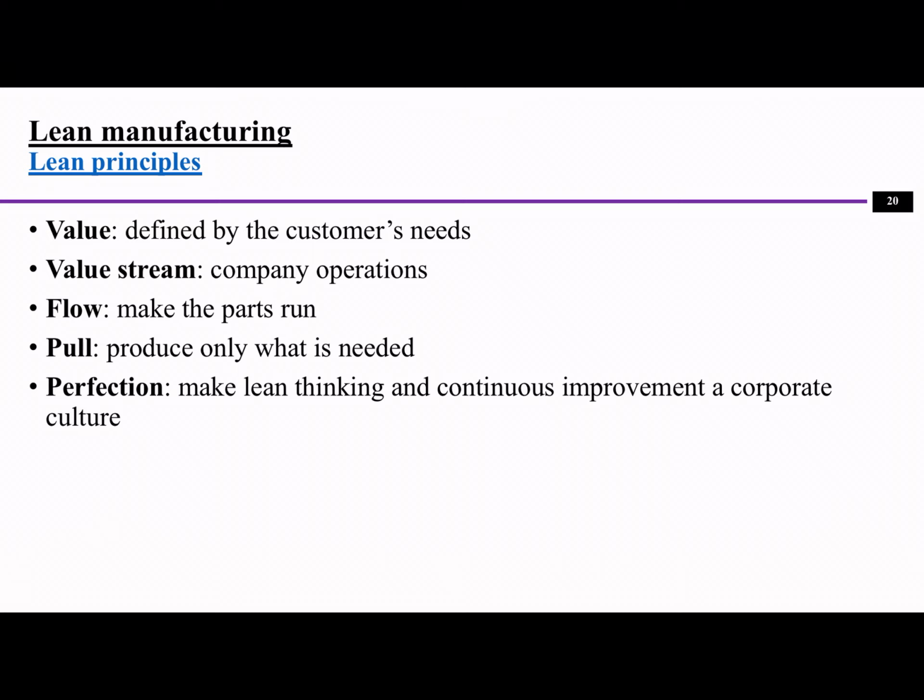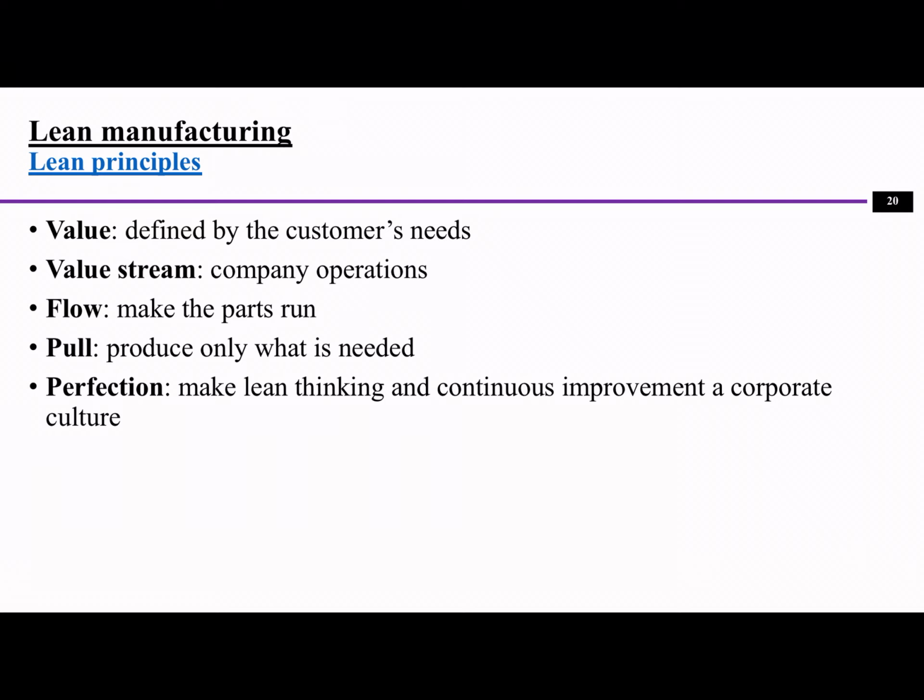Right? For example, if you got this phone, the customer would like to pay for the materials, would like to pay for the labor, would like to pay for maybe the equipment that you need to make it, right? So these are the reasonable costs or the values that are needed to produce this phone. But the customer would not like to pay for the holding cost of the materials.